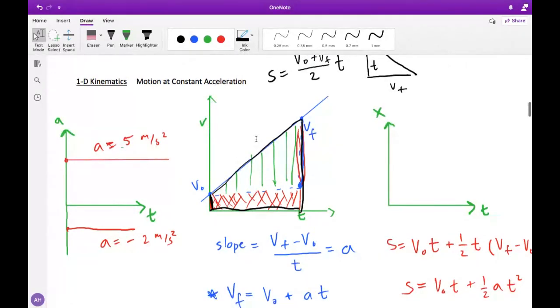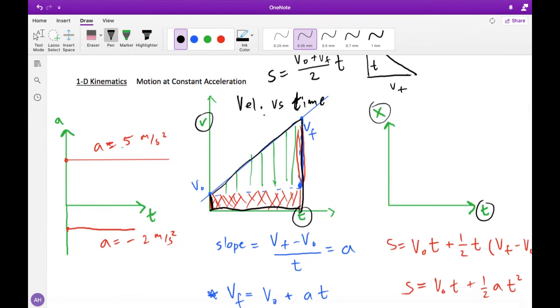For a velocity time graph, velocity versus time, and whenever you analyze a graph, it's real important that you note what's on the axes, because it's easy to miss that and it can mess up your thought process.